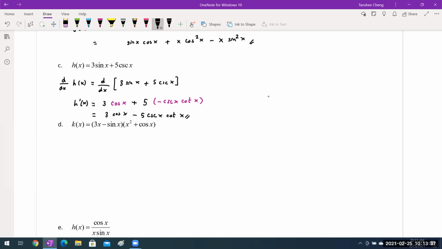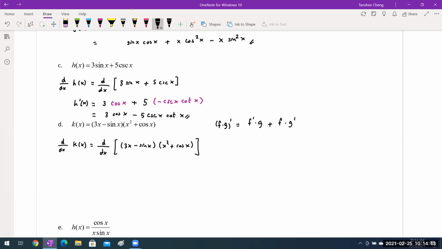So taking the derivative with respect to x of the function k of x, we're going to use the derivative of two factors. 3x minus sine x is the first factor, and x squared plus cosine x is the second factor. So using the formula, we can say f prime times g plus what? f times g prime.